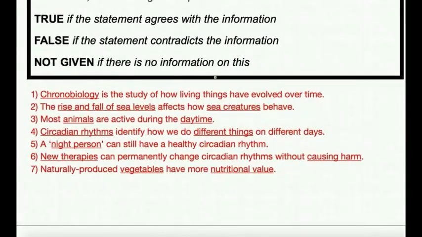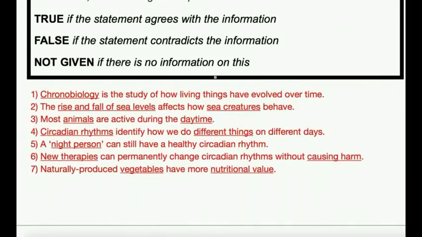Now we'll look at starting to find this information in the text. So I want to scan through the text to do this. Now the first statement is chronobiology is the study of how things have evolved over time. Now this is clearly a definition of chronobiology.